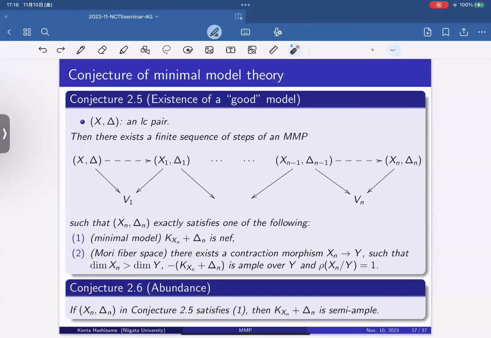More precisely, there is a fibration such that the log canonical divisor is anti-ample over the base, and the relative rank is 1. The fibration with this condition is called a Fano fibration. So any Mori fiber space is a special kind of Fano fibration.